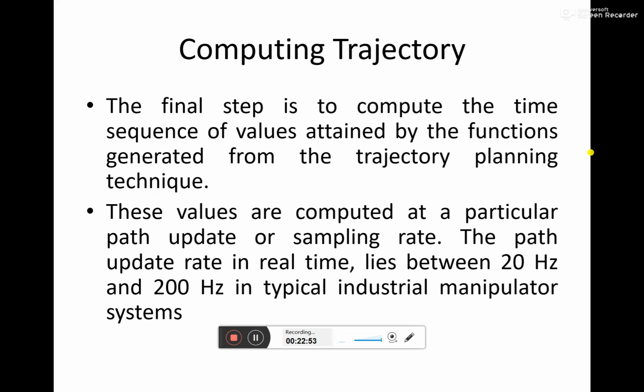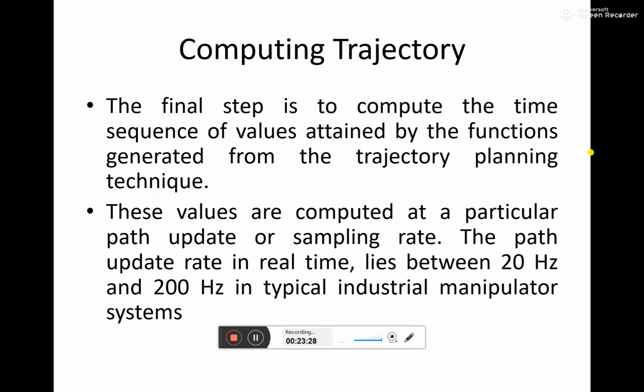This is the final step in the trajectory planning. The final step is to compute the time sequence of values attained by the functions generated from the trajectory planning technique. These values are computed at a particular path update rate, because the path will be updated in real time, in a frequency that lies in the range of 20 Hz to 200 Hz.